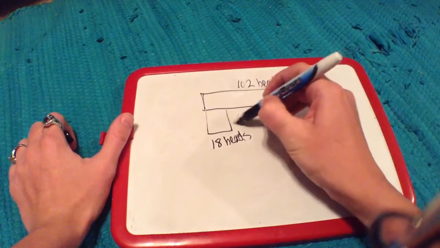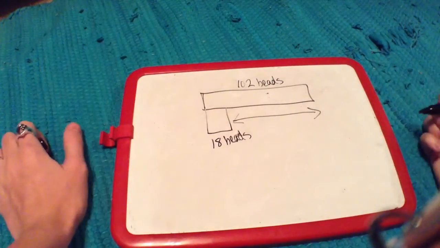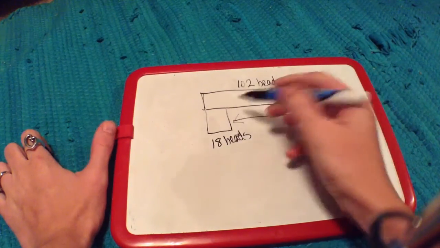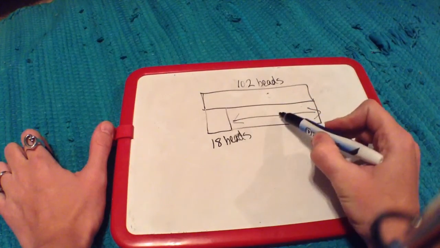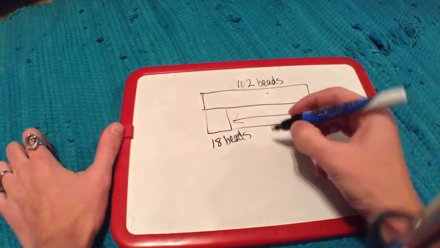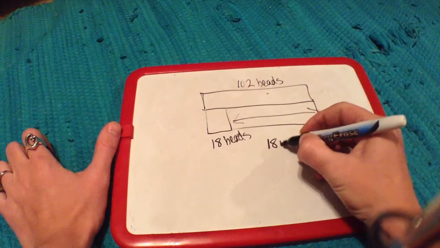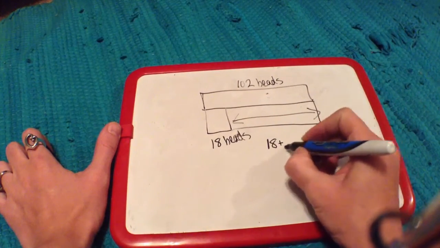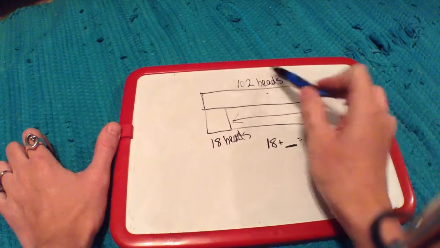So, if this little portion here is 18, then we know 18 and whatever this portion is, together is going to be 102. So we could say 18, this portion, combined or added with this portion, which we don't know, would equal or total 102.